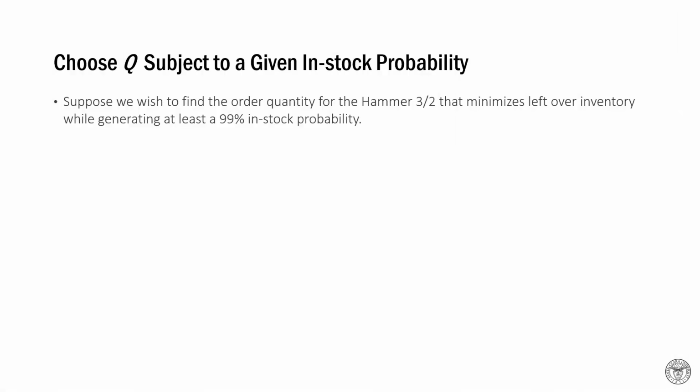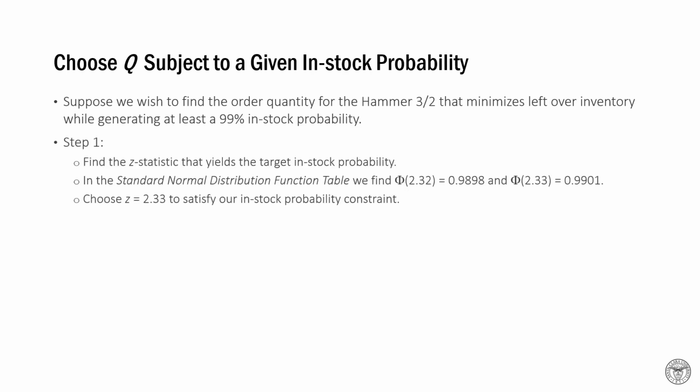We now delve into the concept of determining the order quantity to maintain a minimum in-stock probability. For the Hammer 3/2 product, we aim to minimize leftover inventory while maintaining a minimum in-stock probability of 99%. To achieve this, we follow a two-step process.